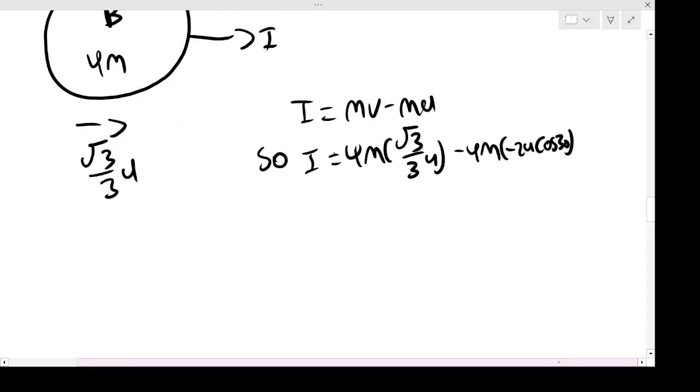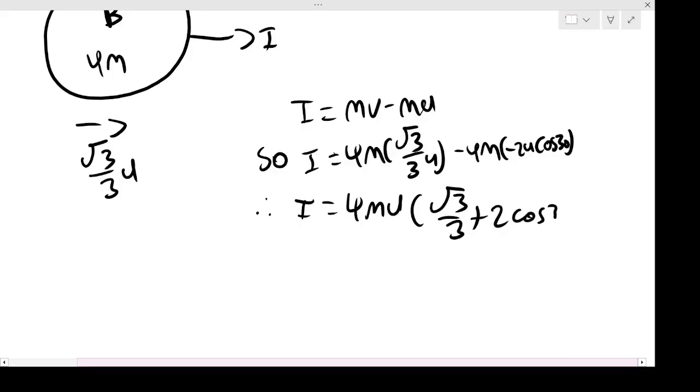Okay. And so simplifying this then, I can actually pull out a 4mu out of both terms. So I'm going to get root 3 over 3, and then plus, because it's a double negative, 2 cos 30, right? Hopefully happy with that factorisation there.